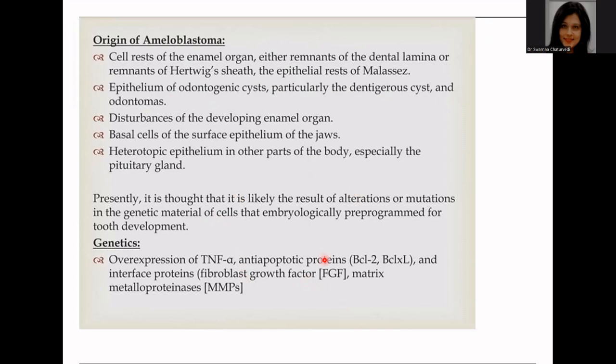If we look at the genetic contributions, there is overexpression of TNF alpha, anti-apoptotic proteins like BCL2 and BCL-XL, and other proteins like fibroblast growth factor and matrix metalloproteinase. So these are the genetic predispositions.